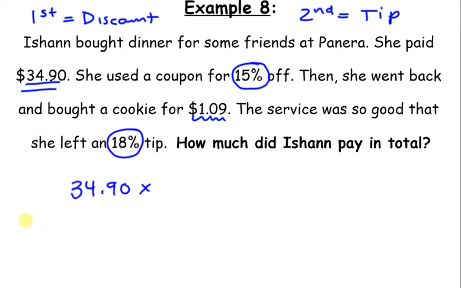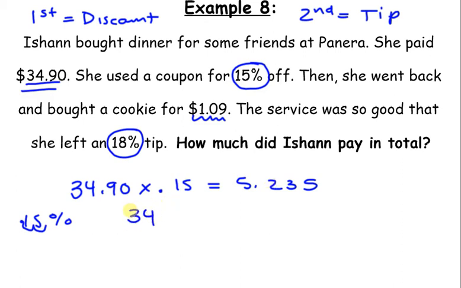$34.90 times 15%. So we move the decimal point back 2 spots, so times 0.15. Go ahead and calculate that. And that should give you 5.235. Okay? So let's go ahead and now calculate what's her bill with that discount.